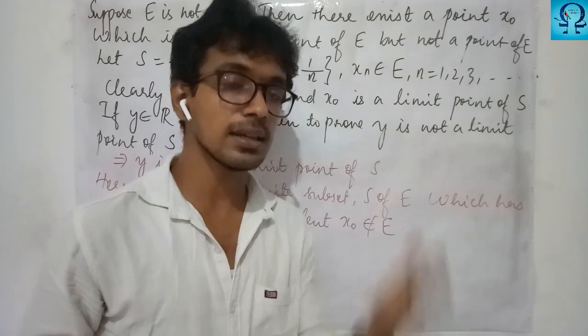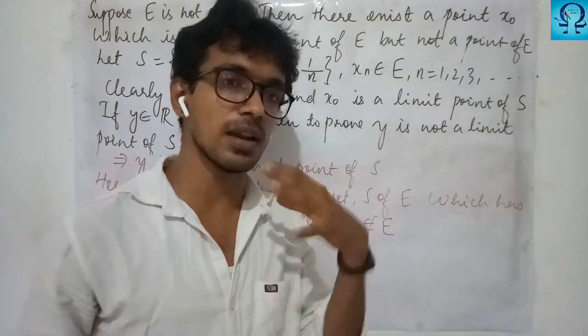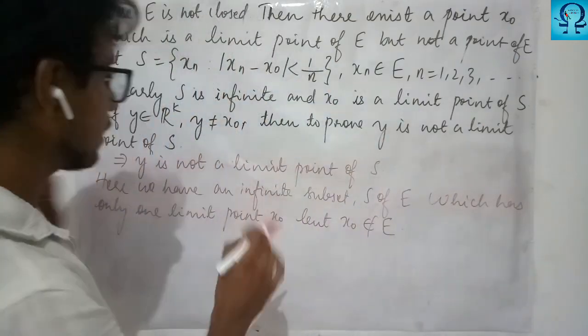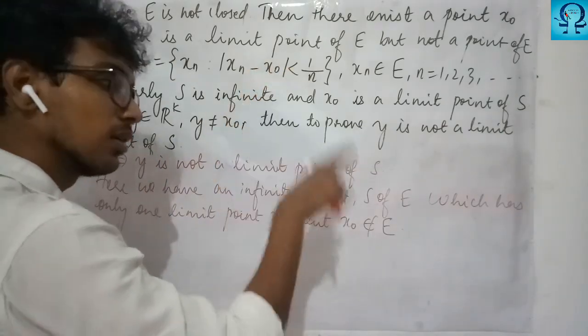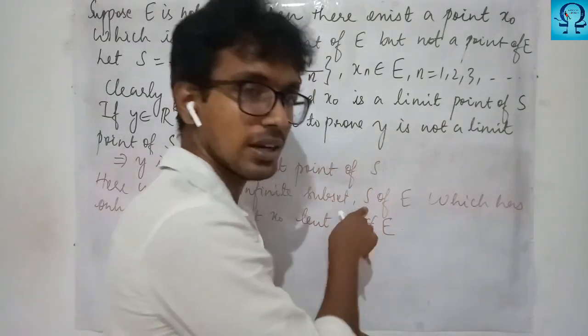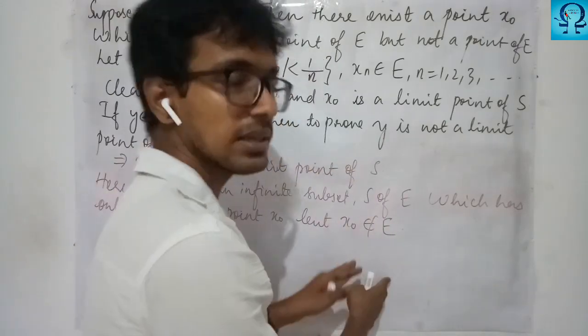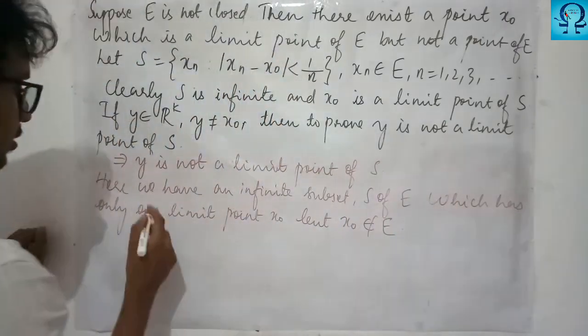What we have assumed is that every infinite subset of E will have a limit point in E, but here we have an infinite subset of E which has a limit point, but that is not present in E, which is a contradiction.